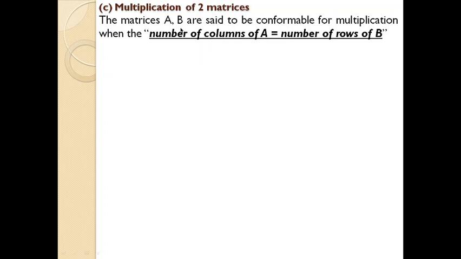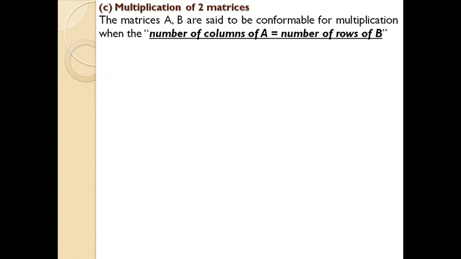Here, the first matrix is A and the second matrix is B. The number of columns of the first matrix must be equal to the number of rows of the second matrix. This is a common rule. Only if this rule is satisfied can you compute a multiplication of two matrices.